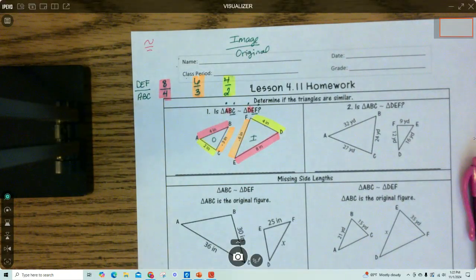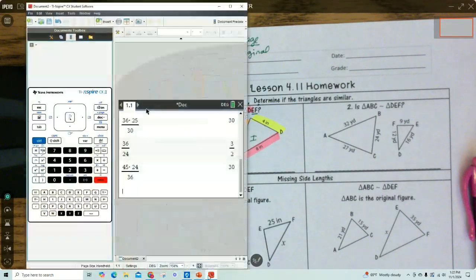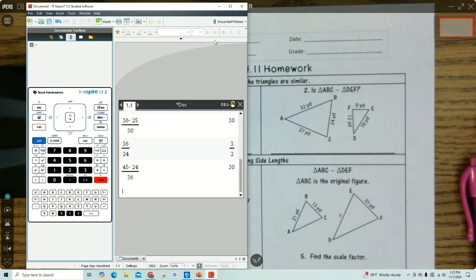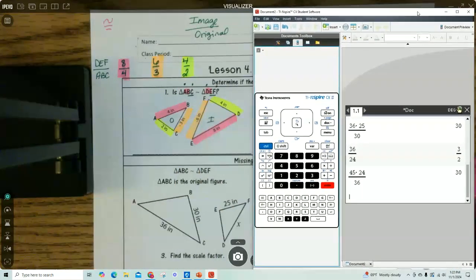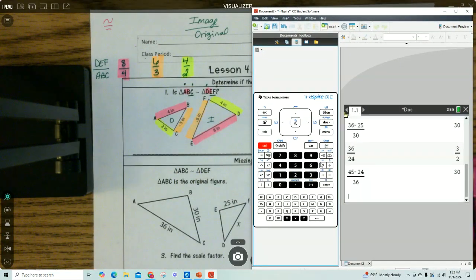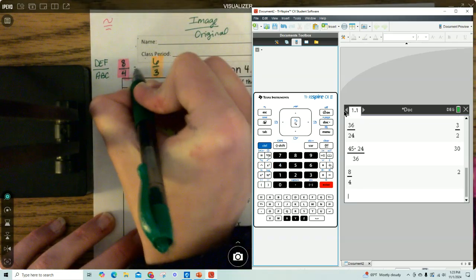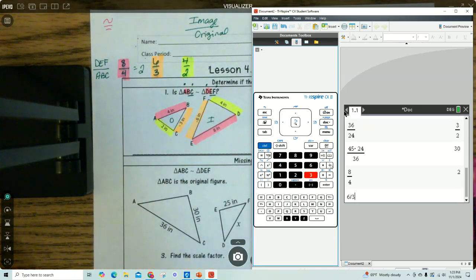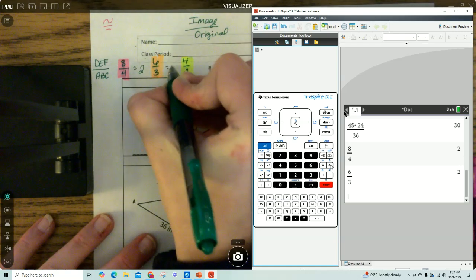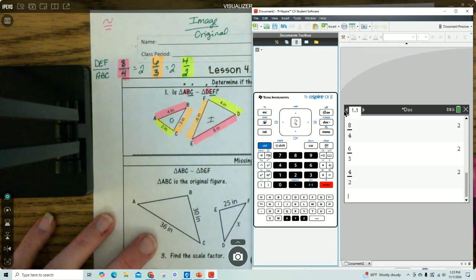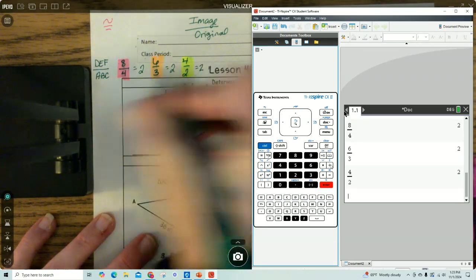So how we check that, those fractions that we made, we can type those into our calculator and simplify them. They need to be in simplest form. Okay? So 8 over 4 simplifies to 2. 6 over 3 simplifies to 2. 4 over 2 simplifies to 2.